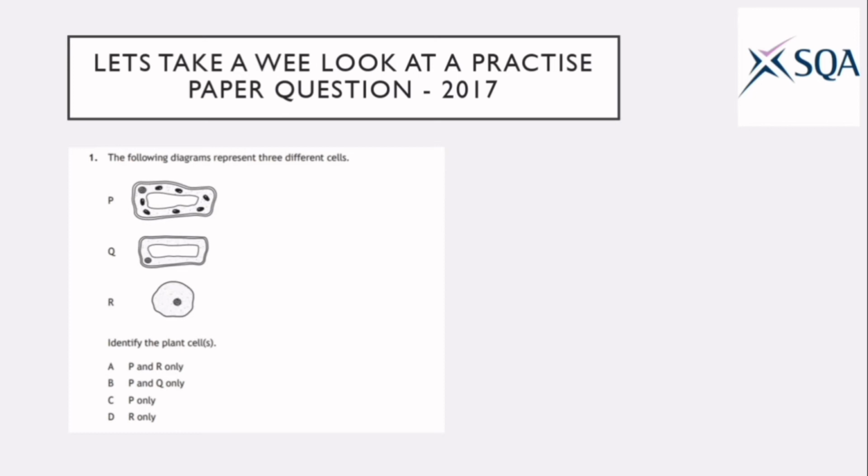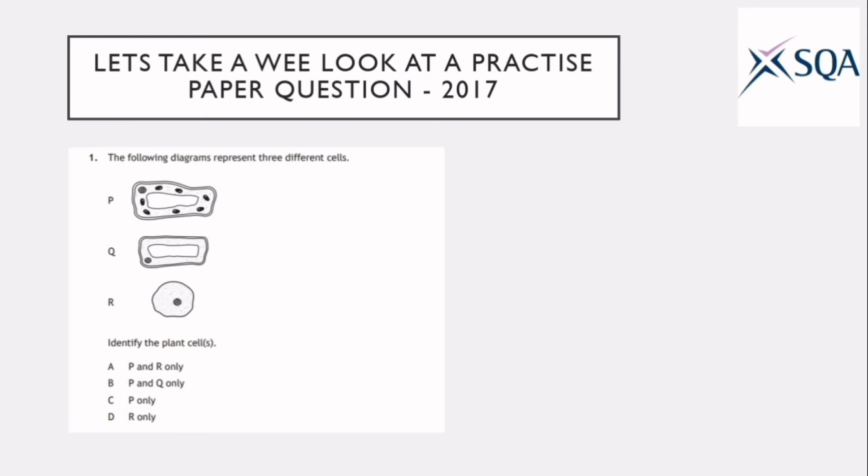Let's take a look at this 2017 past paper question. We're going to first of all begin by eliminating the obviously wrong answers. So in this, we can see that there are 3 diagrams, P, Q, and R, and they represent 3 different cells. We need to identify which one is the plant cell. Well, we know that the plant cell has got a cell wall. The bottom image, letter R, has no cell wall.